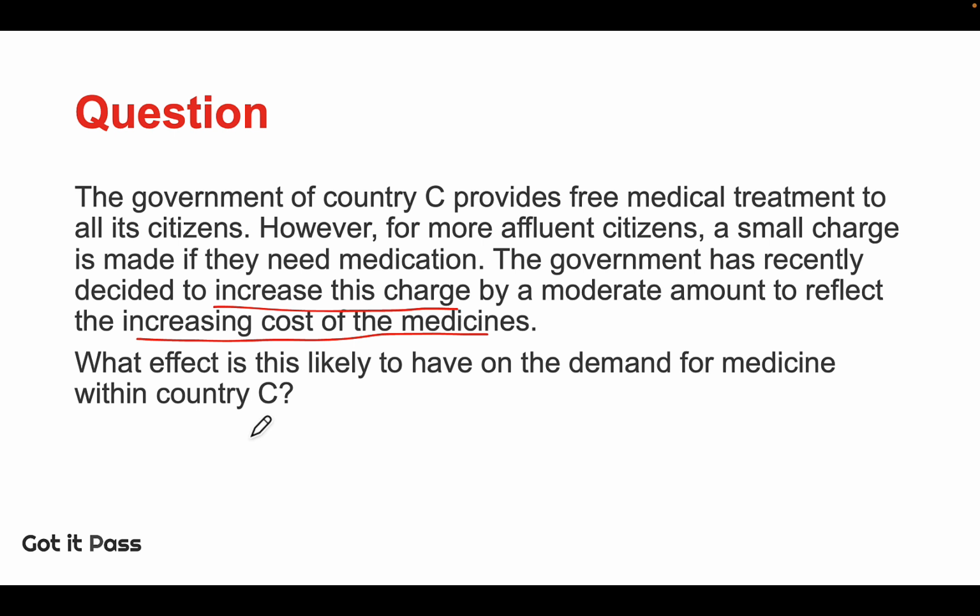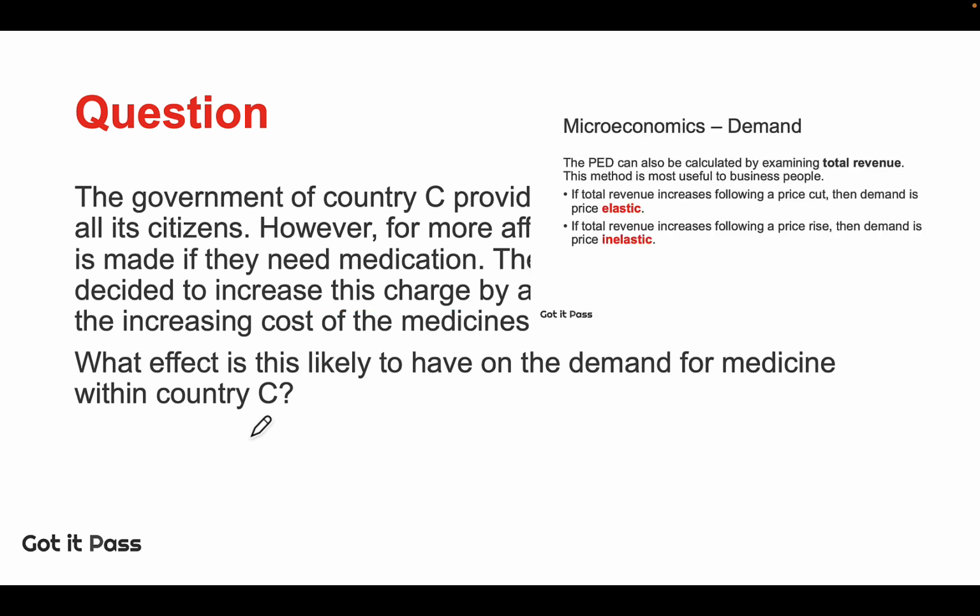The clue I would like to show you is on price elasticity of demand. It is calculated using total revenue in some cases. So do you think the price increase for the medicine will make total revenue increase, or on the other hand, total revenue decrease?